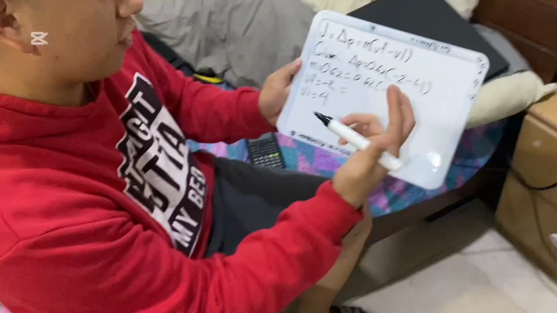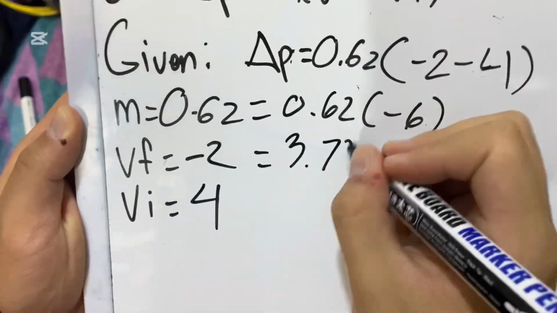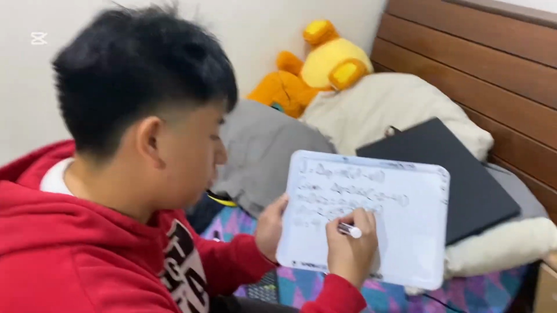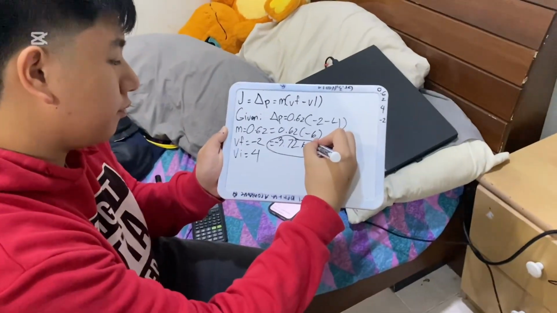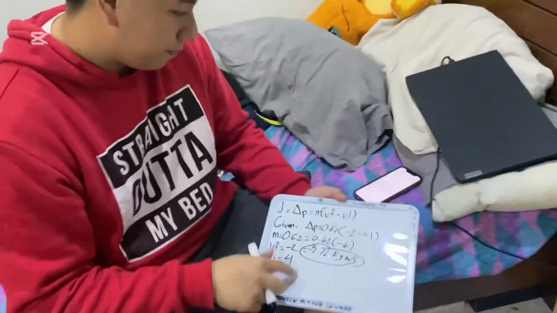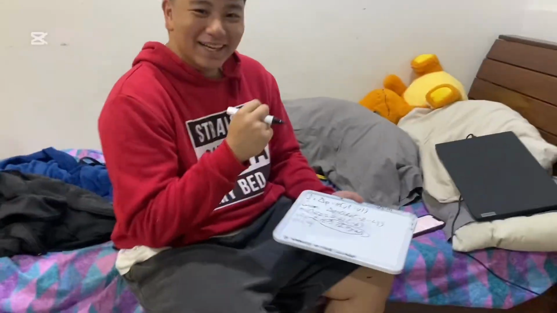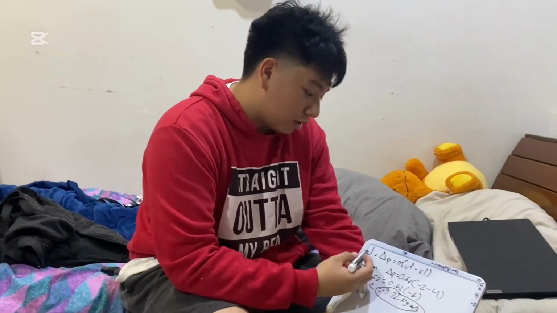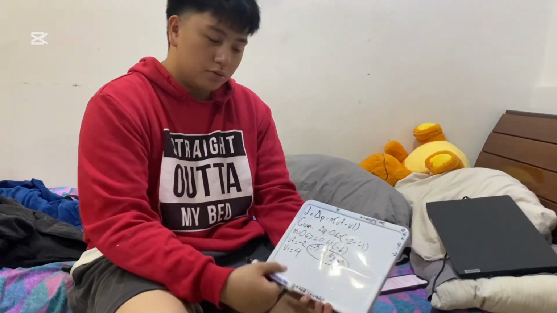Our final answer is 3.72, negative 3.72 kilograms meter per second. So this answer is the momentum, and impulse. That's all.